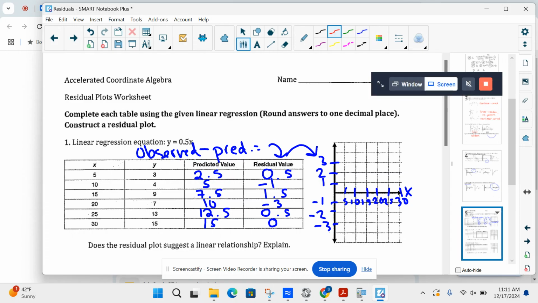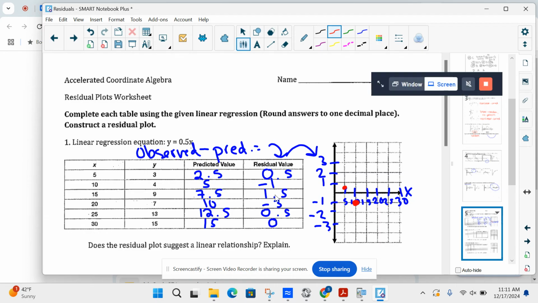All right, I'm going to put the residuals in red. So the residual at 5 will be 0.5. So at 5, I'll put a point at 0.5. And then at 10, the residual we got was -1. So at 10, I'll put a point at -1.